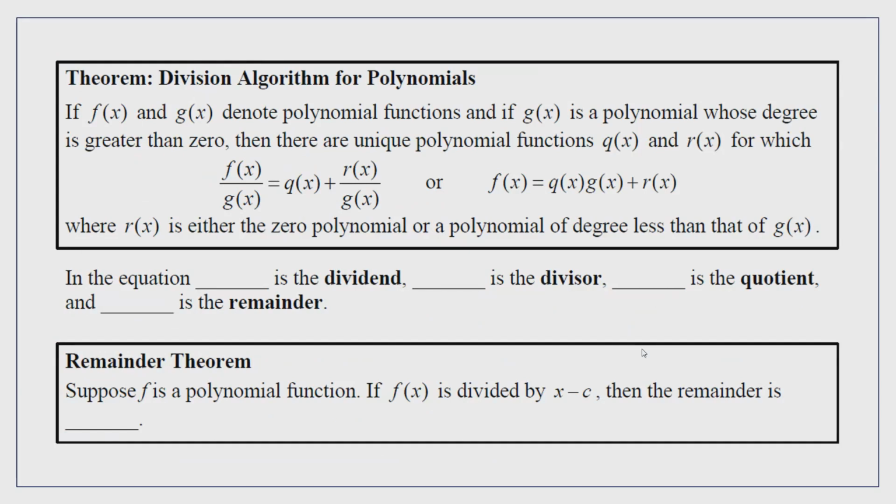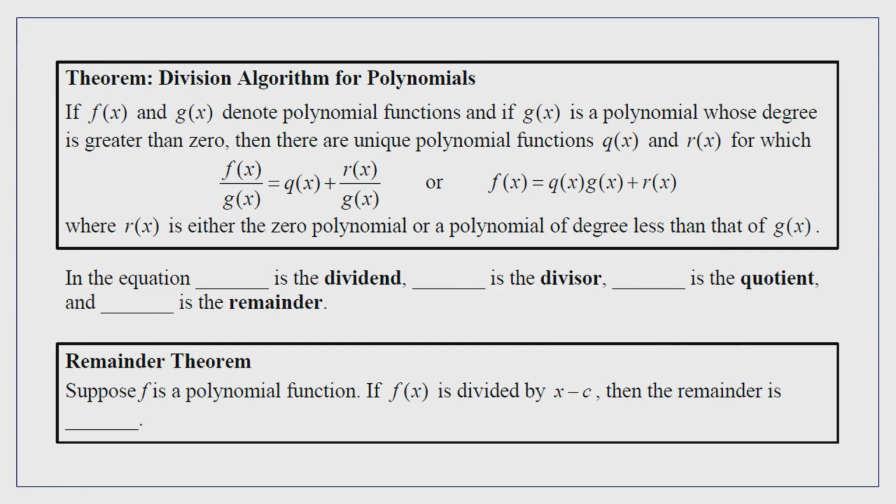The division algorithm for polynomials. If f of x and g of x denote polynomial functions, and if g of x is a polynomial whose degree is greater than 0, then there are unique polynomial functions q of x and r of x for which f of x divided by g of x equals q of x plus r of x divided by g of x, or f of x equals q of x times g of x plus r of x, where r of x is either the 0 polynomial or a polynomial of degree less than that of g of x.